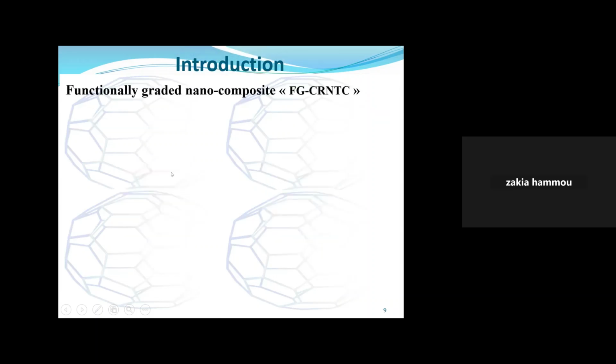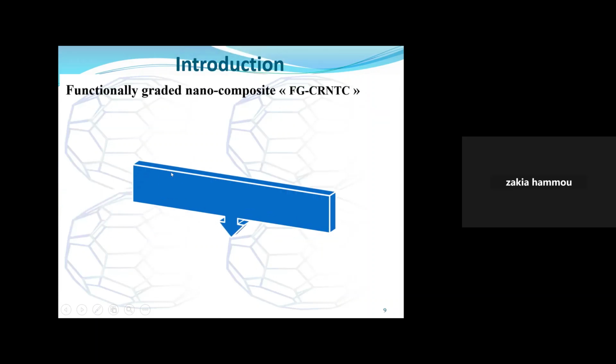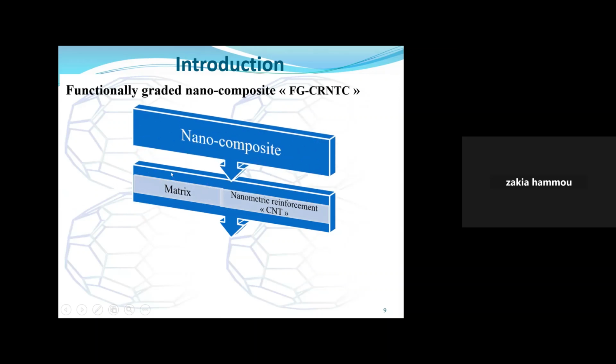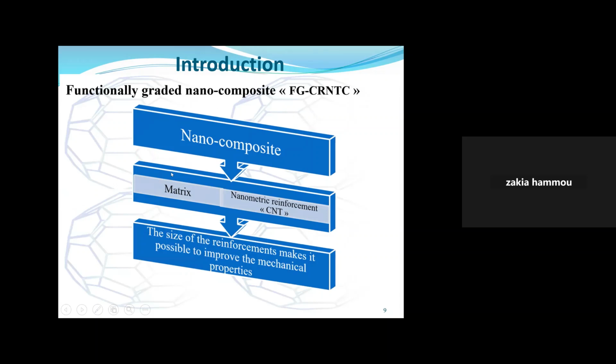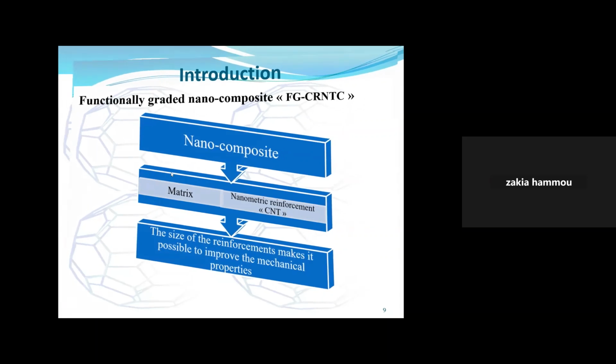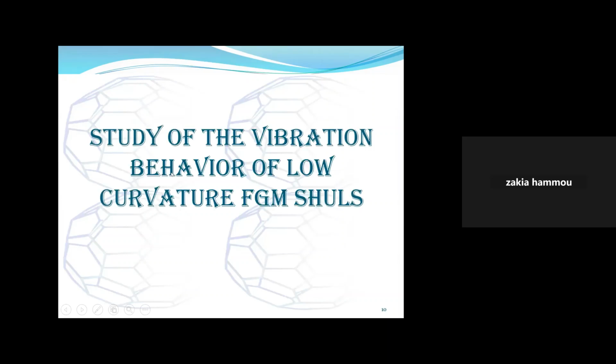Since CNTs have excellent mechanical, electrical, and thermal performance, they are used as reinforcement to form nanocomposites. The improvement of the composite is due to the size and weight of the reinforcement.